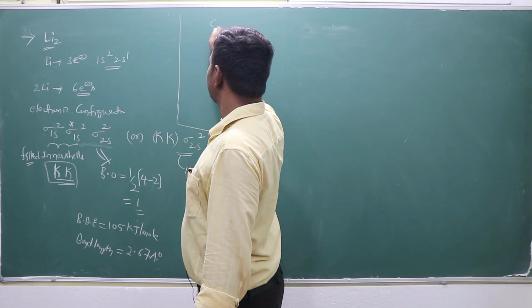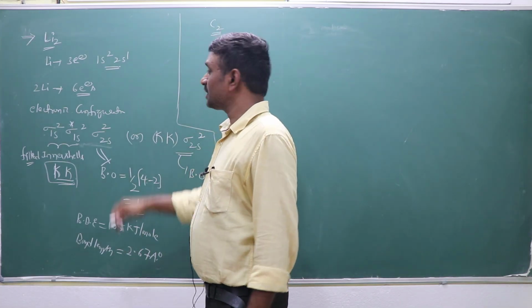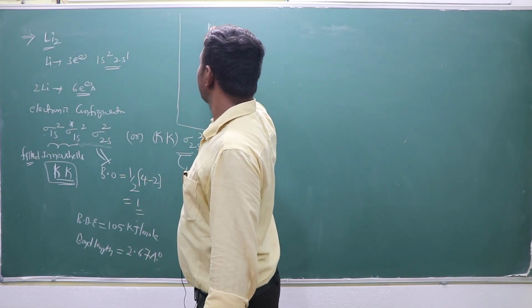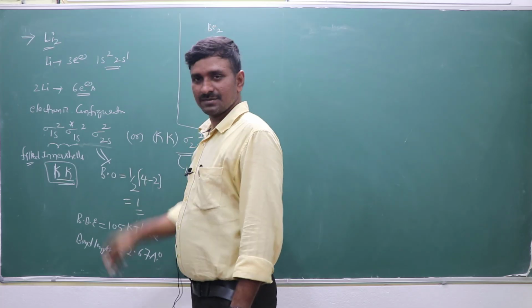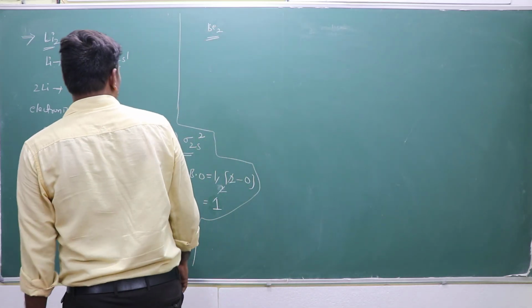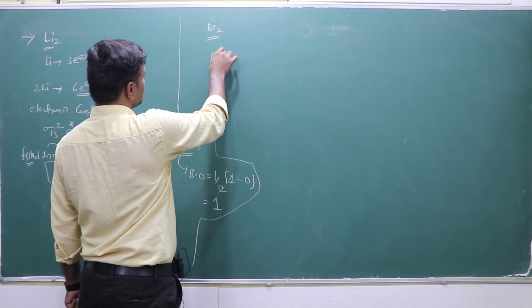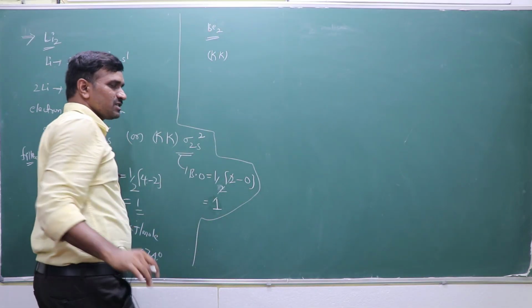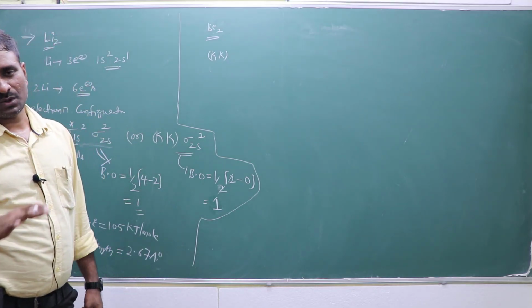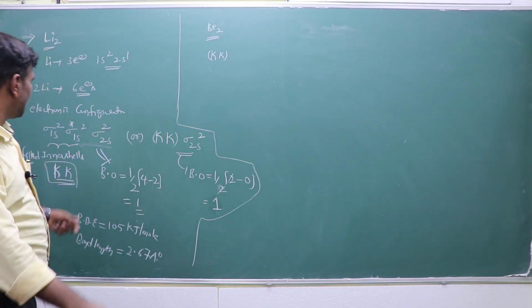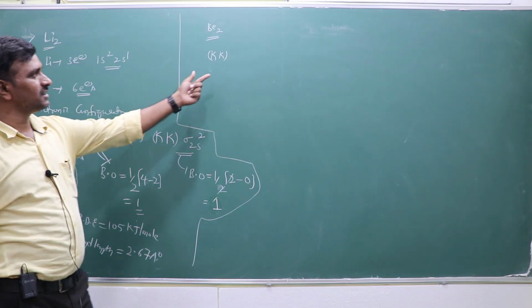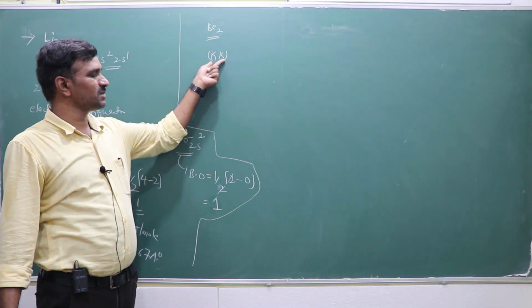Another case is beryllium 2. Beryllium has 4 electrons, another beryllium has 4, so the total is 8 electrons. The inner shells are filled, that means 4 electrons, sigma 1s2, sigma star 1s2.